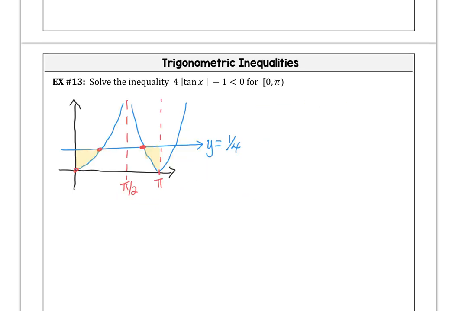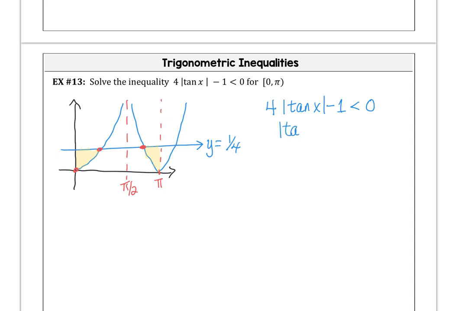Okay, let's jump into example 13. We want to solve the inequality 4 times the absolute value of tangent x minus 1 is less than 0. I'm going to attack this one a little bit differently.